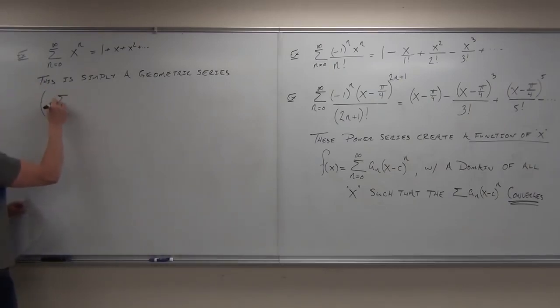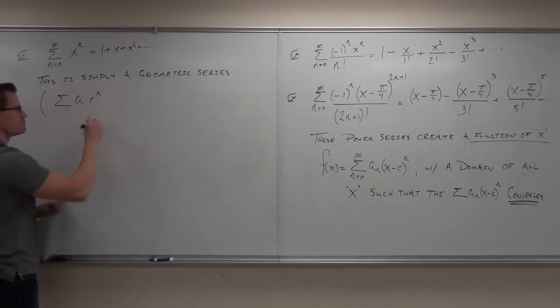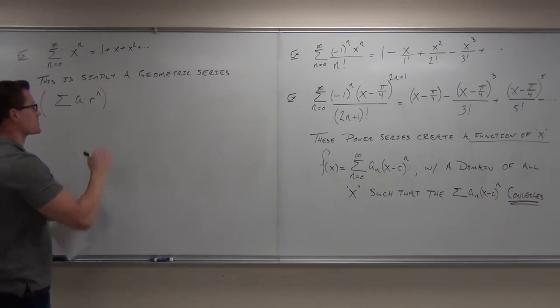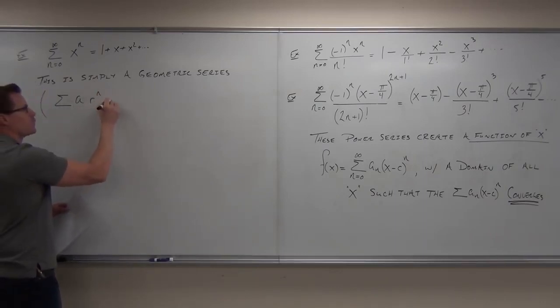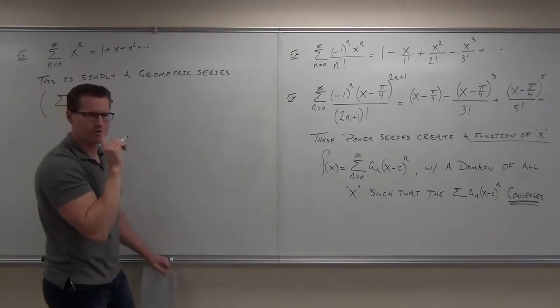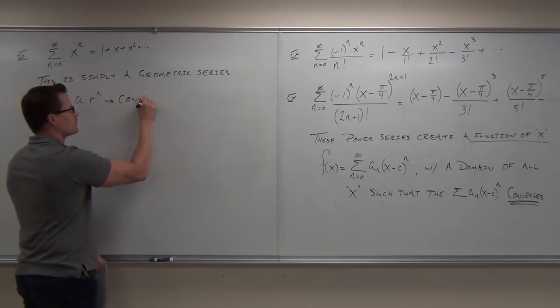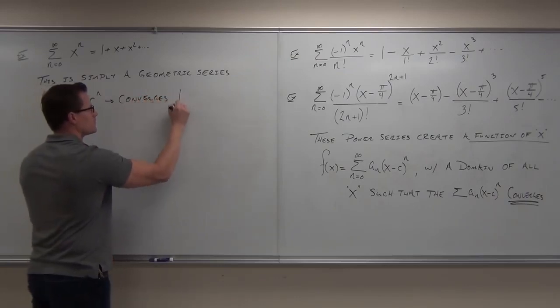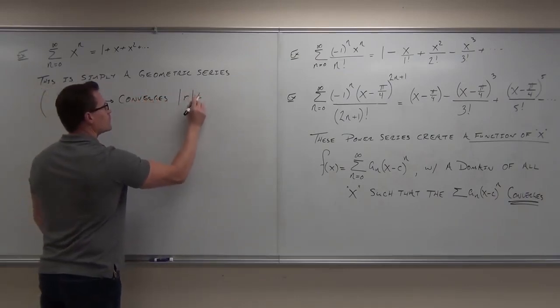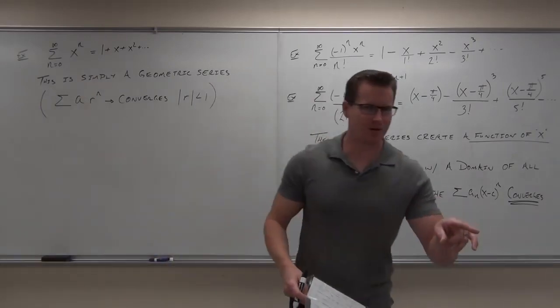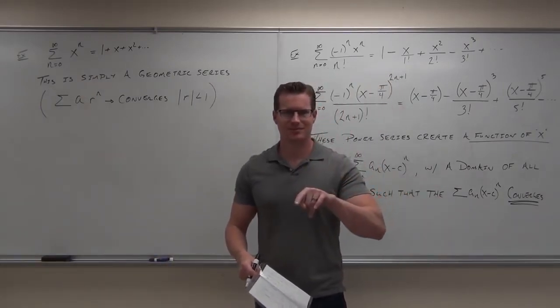Do you understand that a geometric series is a times r to the n? Yes. That's a geometric series. By the way, do you remember when it converges? It's all based on the r. It converges when the absolute value of r is less than 1, and diverges when it's greater than or equal to 1.